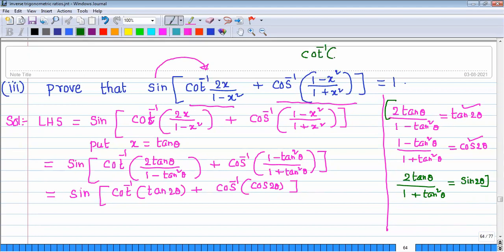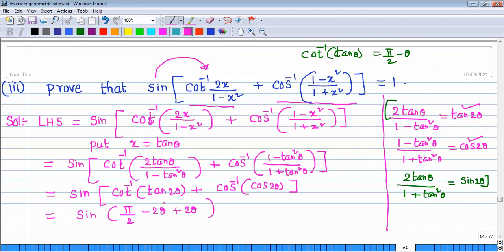Cot inverse of tan theta equals pi by 2 minus theta, whereas cos inverse of cos x is equal to x. So we get sine of pi by 2 minus 2 theta plus cos inverse of cos 2 theta, which is 2 theta.